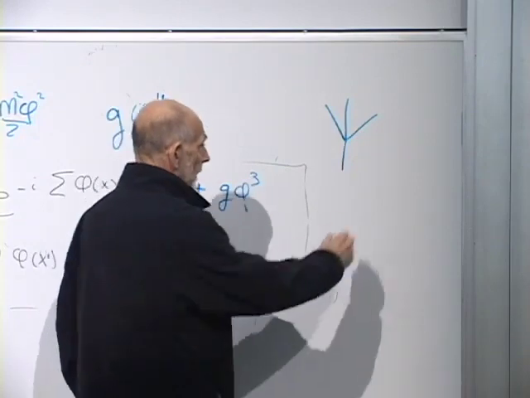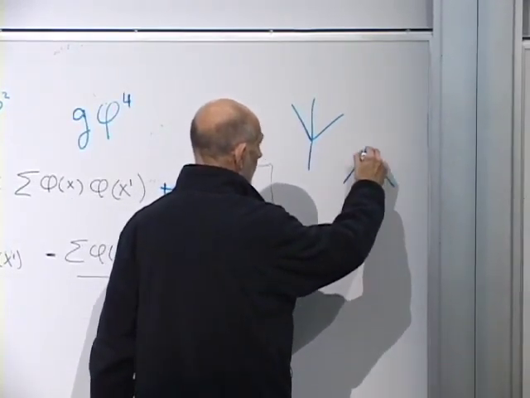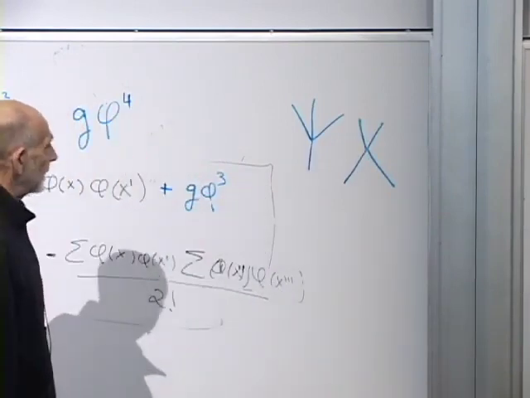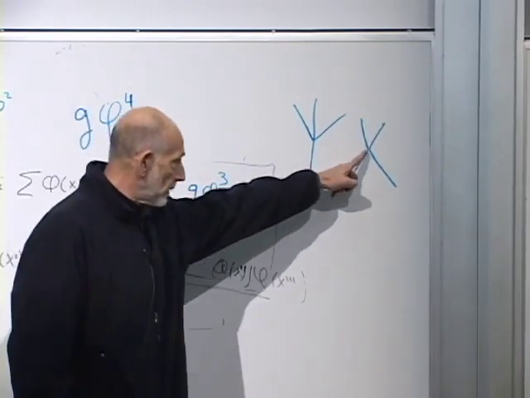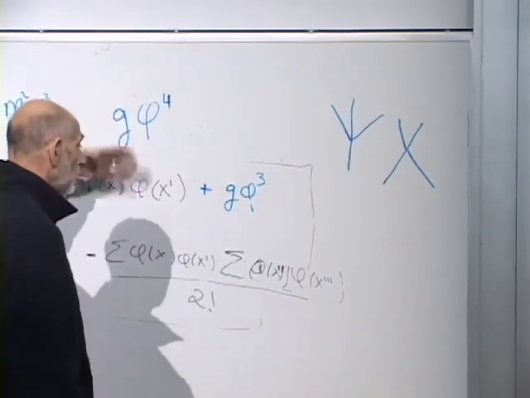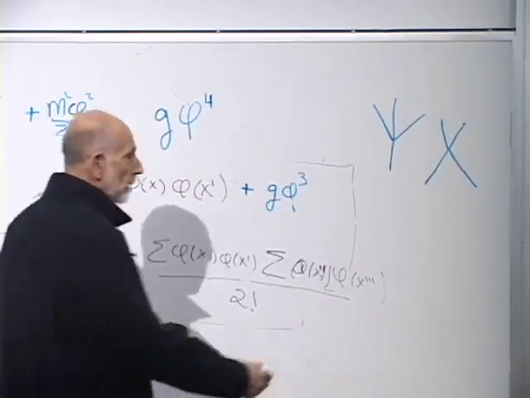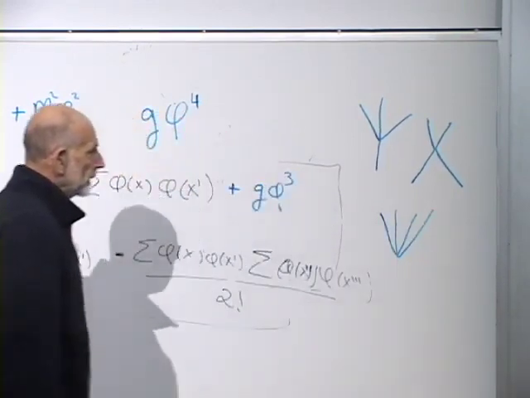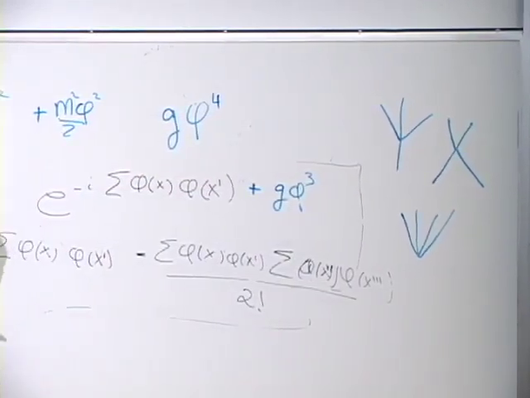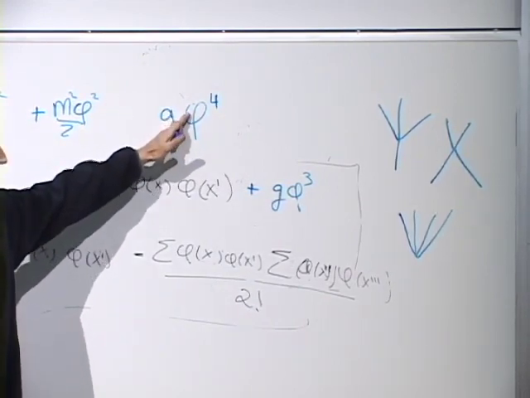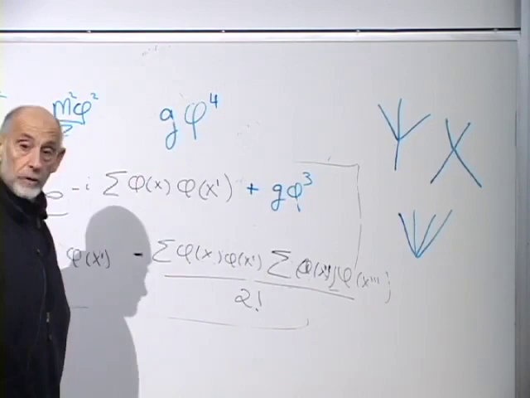Or it could be a scattering in which 2 particles come along, collide, and 2 go off. Anything that looks like a vertex with 4 particles all together, 2 in and 2 out, or 3 in, 1 out, or just 4 out, or 4 in, they're all governed by this term. And so forth and so on.